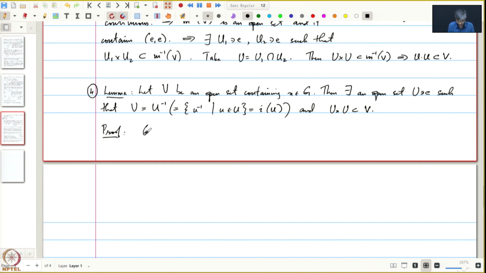So consider the map G cross G cross G to G. Right. So we can first project to the first two coordinates. Okay, sorry, this is A comma B comma C maps to AB comma C, which maps to ABC. Right. So this map is continuous. This is easily checked, right?